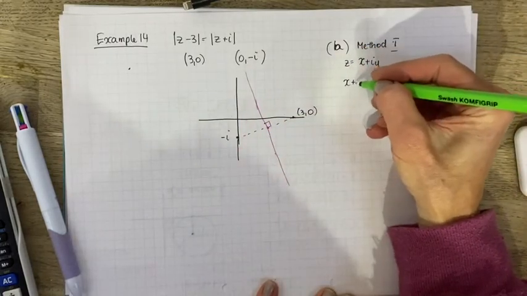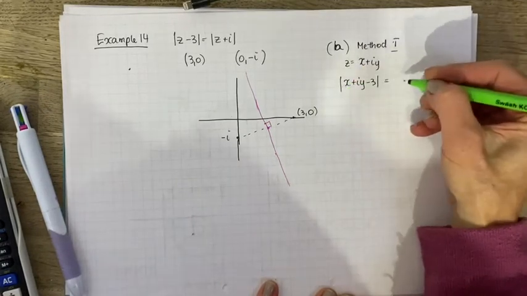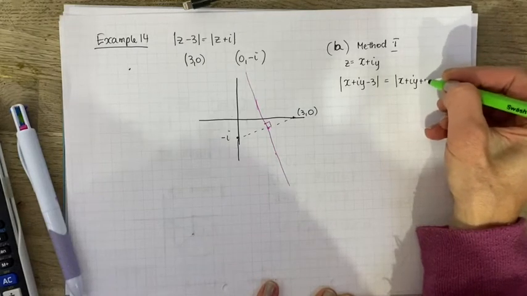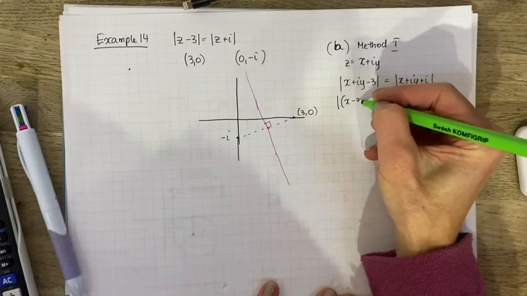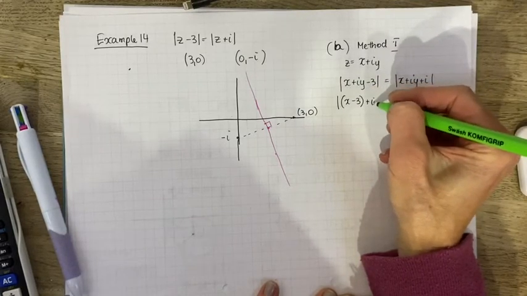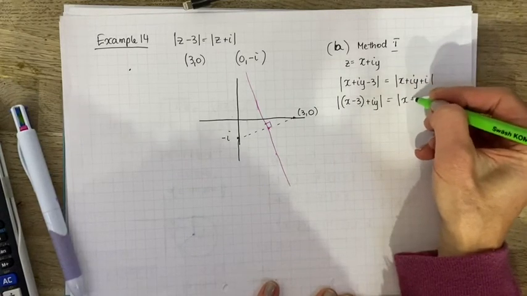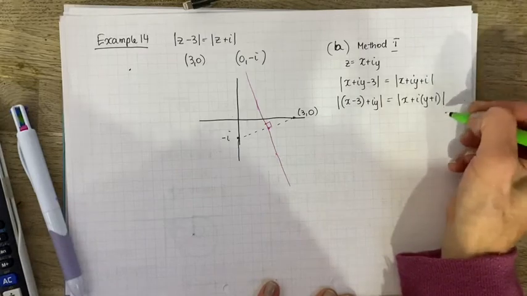So x plus iy minus 3 is going to be equal to x plus i, y plus i. So we're going to collect the real part together, then imaginary part, and then x plus imaginary parts here, we'll have y plus 1 on the right hand side.